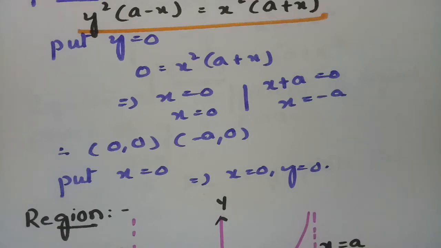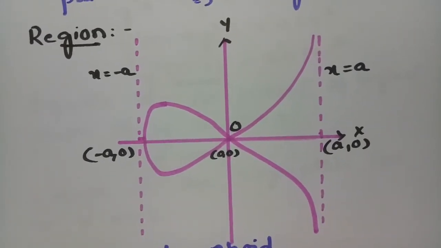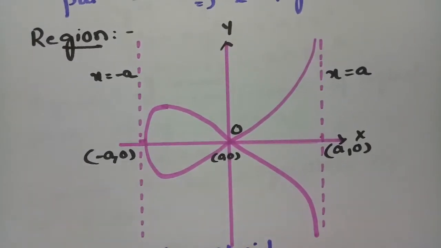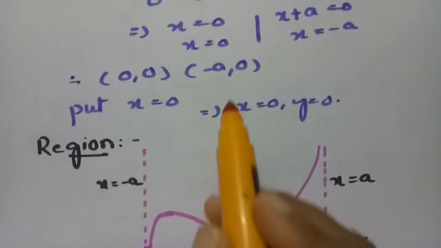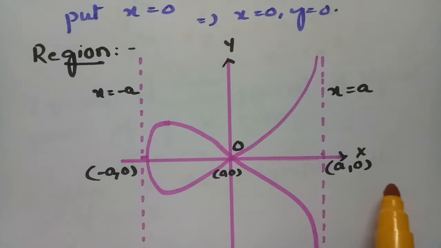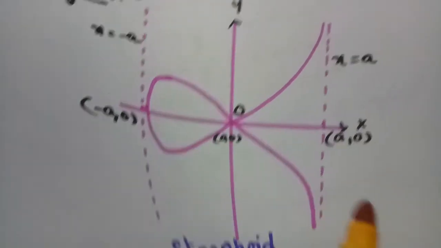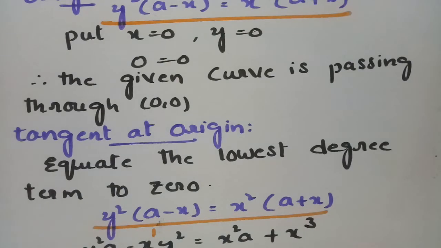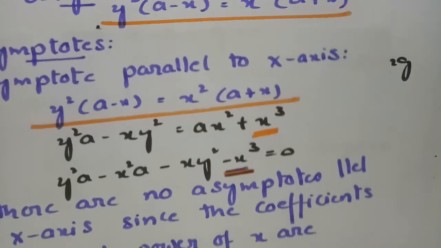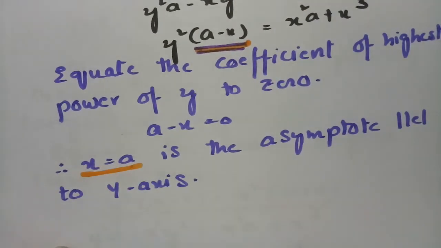So basing all these points, this will be the region here. This is minus a comma 0. So I have plotted here minus a comma 0. This is the origin point and this is a comma 0. Just now I have shown you that x is equal to a is an asymptote parallel to y-axis.